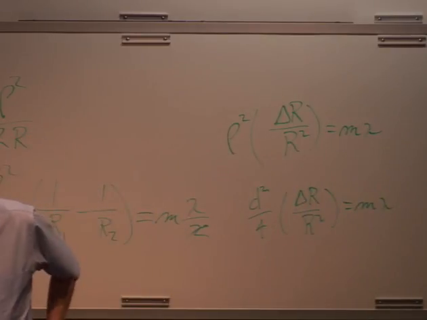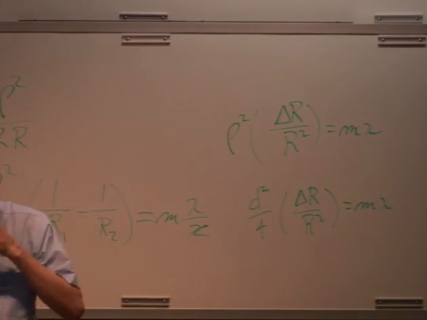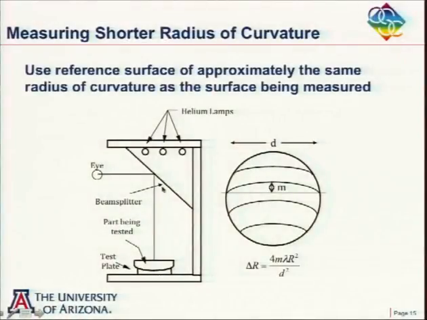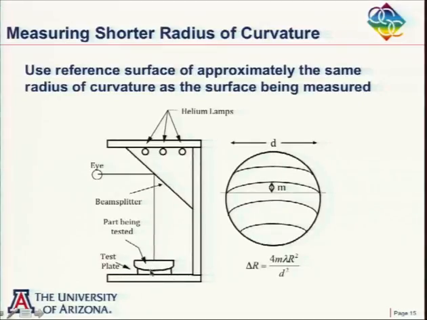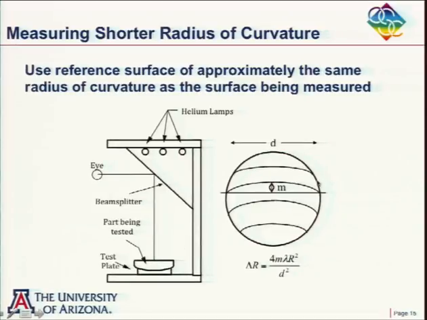And so as long as I know the radius of curvature of the reference surface, I can determine delta r here. Now I wrote this here for really having circular fringes, but it doesn't have to be.